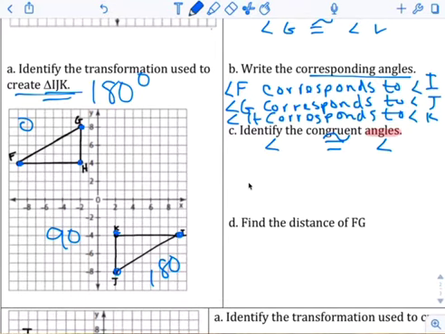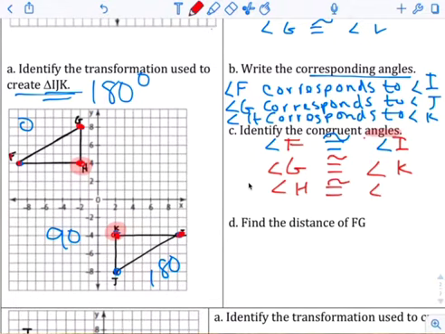So angle F, the angle F right here, is congruent to angle I. Angle G is congruent to angle K. Angle H right here is congruent to angle K. Uh-oh, angle G is congruent to angle J. Oh, I got two K's. That's horrible. G and J.